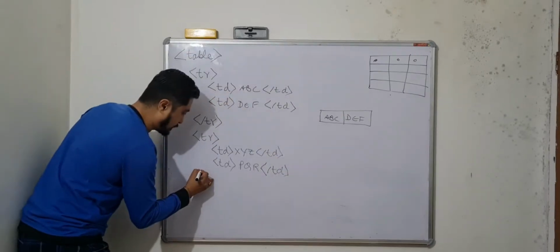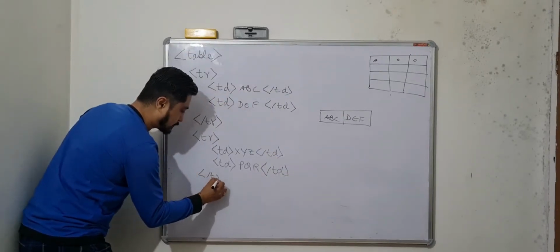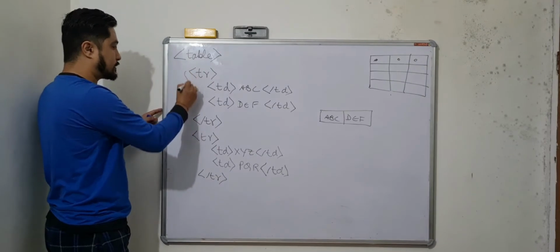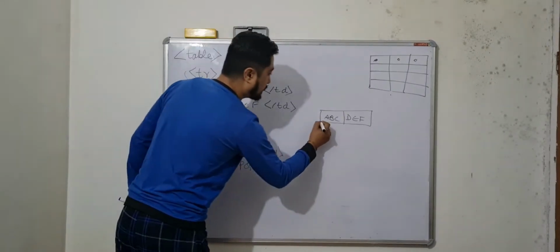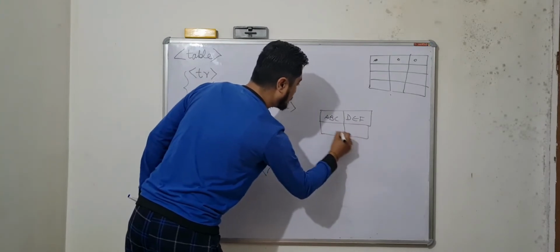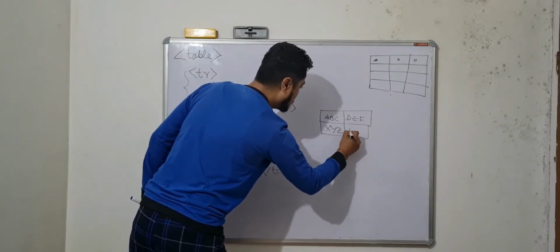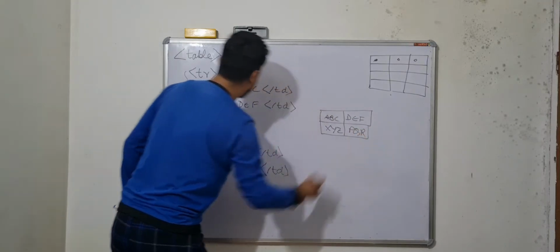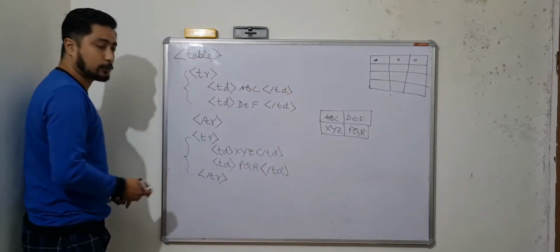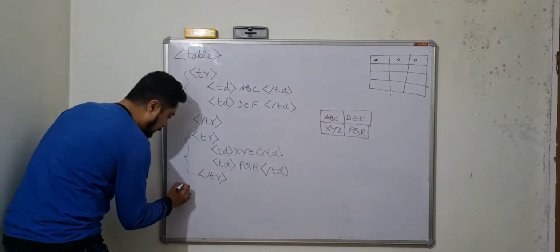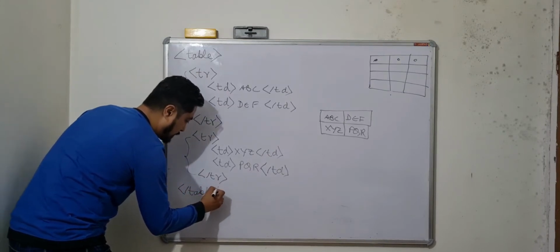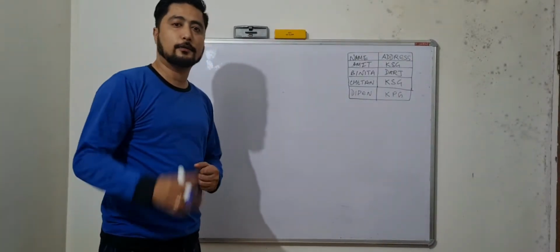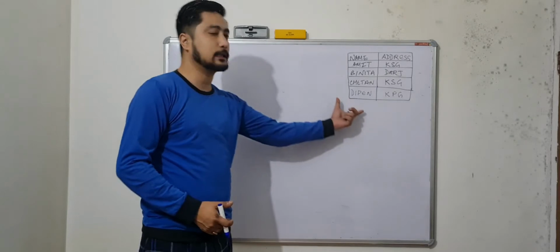Then close the table row. This is how the first row is created, and then the second row will be created, and it will look like this: xyz, pqr. Then, to end the table, you have to close it with table, like this.